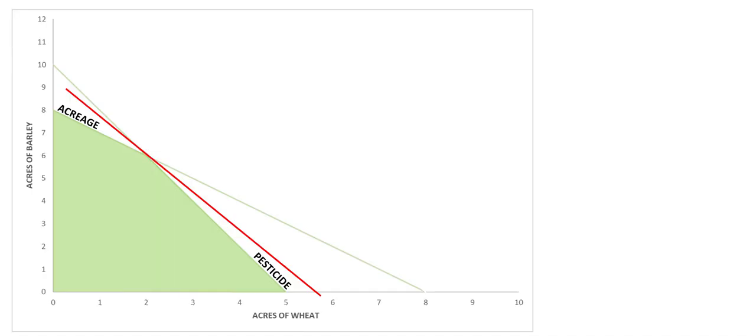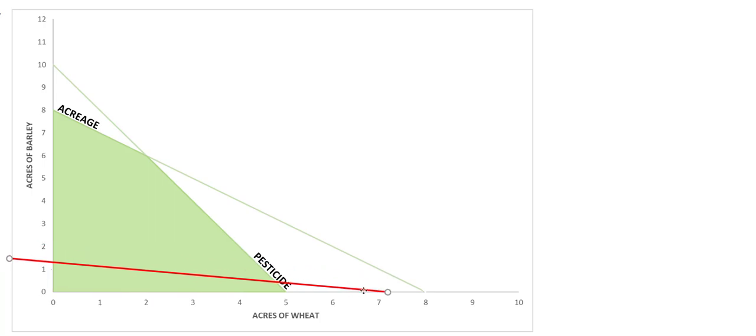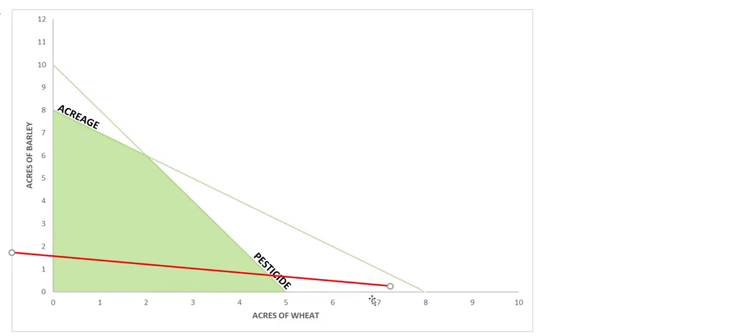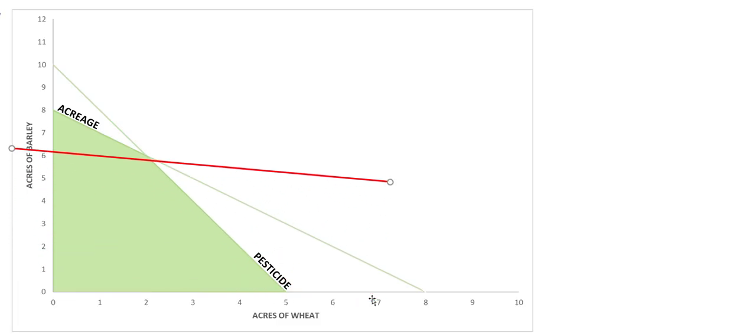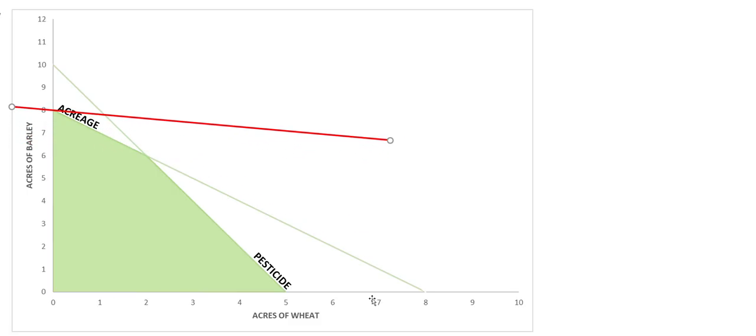So if I was to imagine that line did not have quite so aggressive a negative slope, if the slope of this line was something more like this, well, as I graph that and then slide that again, I see that that no longer leaves the area where the optimal solution used to be, but that would cause my optimal solution to now occur at the intersection point of the acreage constraint and the y-axis.